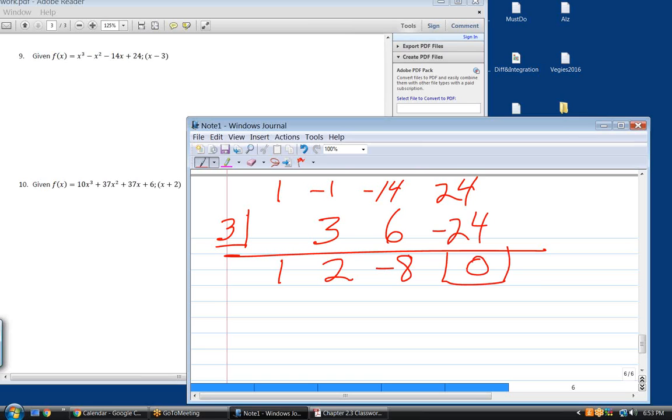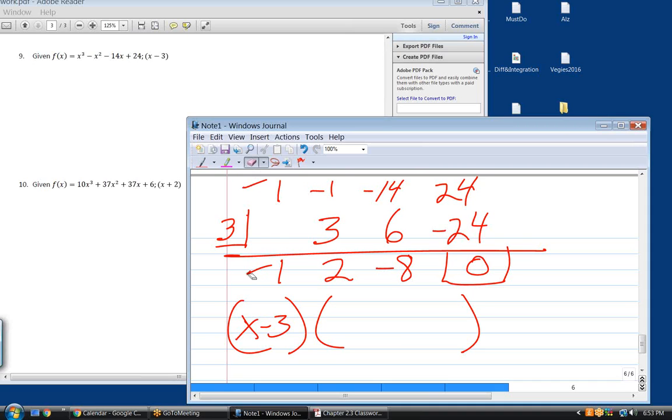Okay. So what are the two factors we have at the moment? x minus 3 is one of them. What's the other one? It's always whatever you get below the line. No. This is always going to be 1 degree lower. So if this was a cubic, this is going to be a quadratic.